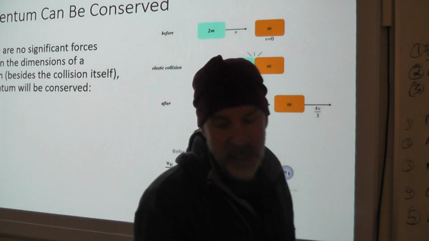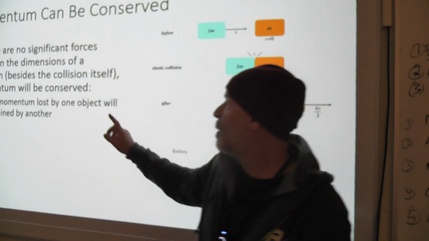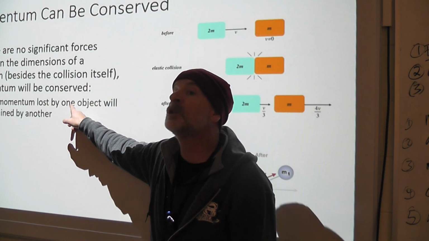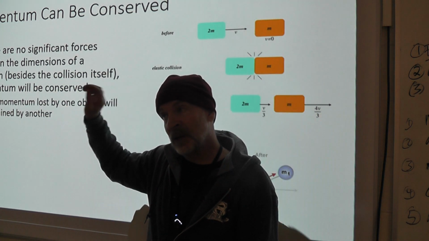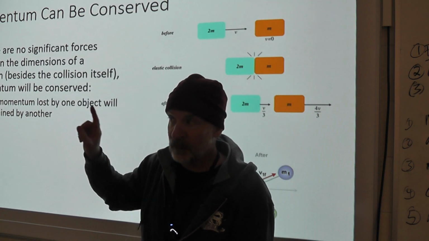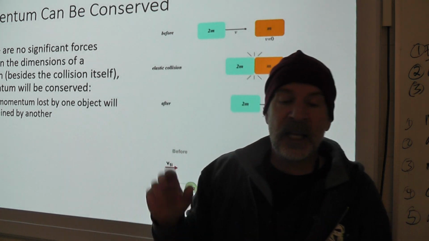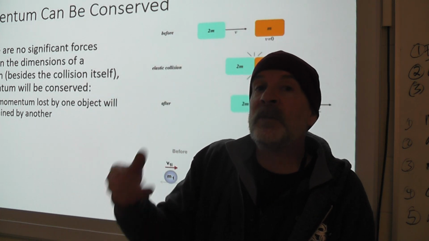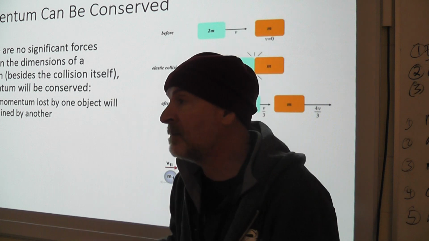And what that means is, if we know the momentum that one object loses, whether it's leftward or rightward momentum, or upward or this way momentum, then that momentum will have to be gained by something else or some combination of something else's.